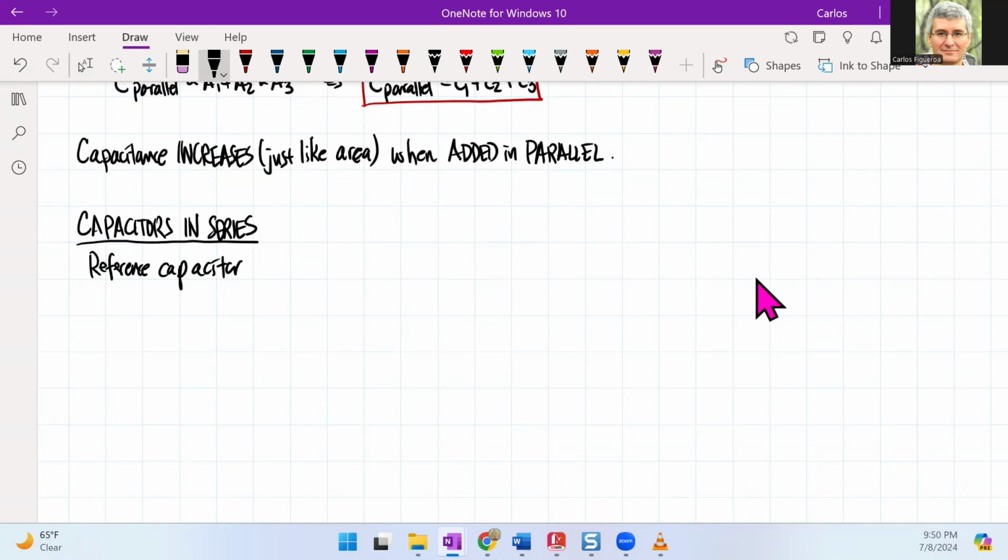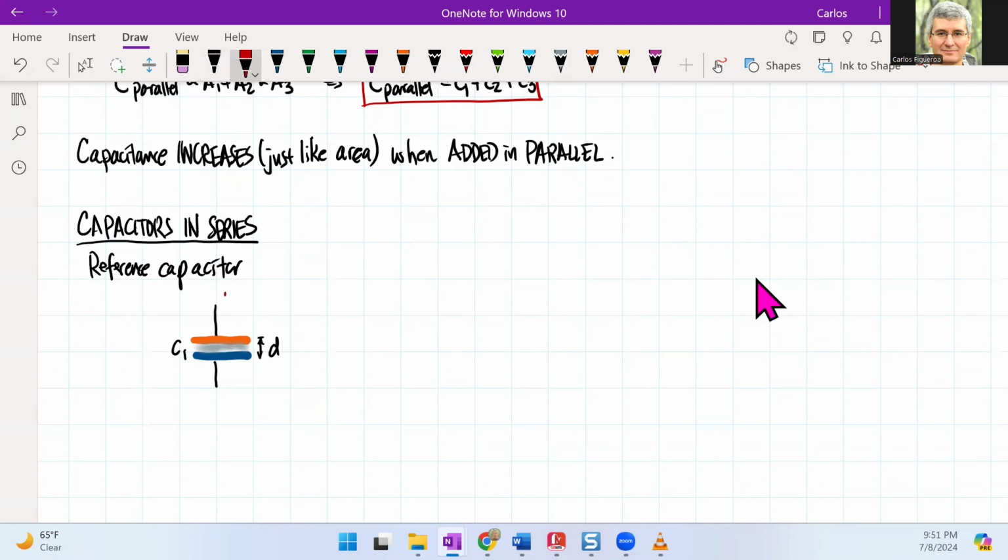In this situation, I have a capacitor, and again talking about my thick plates with my dielectric, I have this capacitor. So what I know about this capacitor is that we don't care about area. What we care about is plate separation. That's all we care about, nothing else.